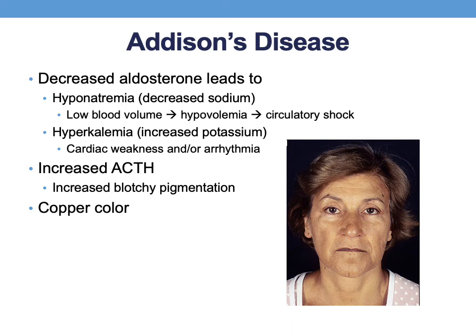As we mentioned before, ACTH has a segment of melanocyte-stimulating hormone within it. So if you have hypersecretion of it, and it doesn't have any receptors on the cortex to bind with, it's going to cause a change in the pigmentation.